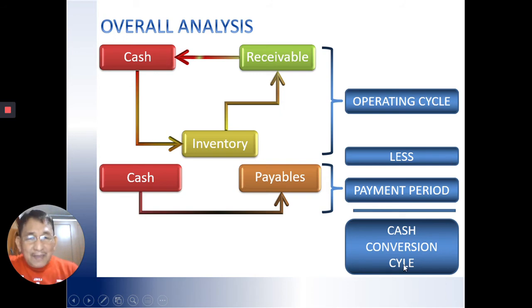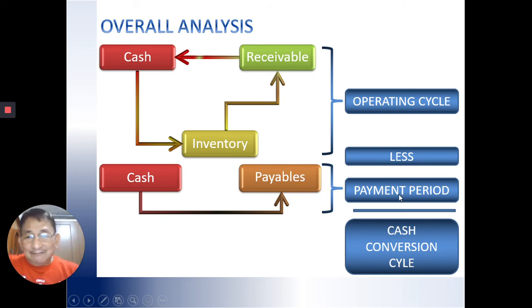O ba, anong composition again ng operating cycle? Yung days in inventory at saka yung days in receivable. Yun ang operating cycle. Ano naman yung payment period? That is the length of time before you pay your payables. Pag halimbawa, sinabi nung ikaw umutang ng merchandise, payable in 60 days, edi yun ang payment period. No, ha?